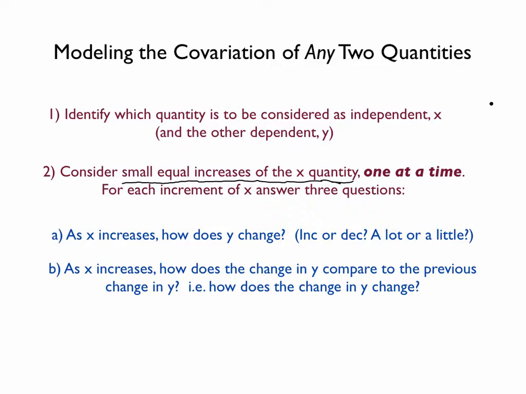So here's where we get into the real nuts and bolts of how these two quantities are changing together, when we compare successive changes of the second quantity as we let the first quantity increase. This is the most important step, and the one you'll be the most resistant to, because most of you have never done anything like this before. But it's the most important thing.